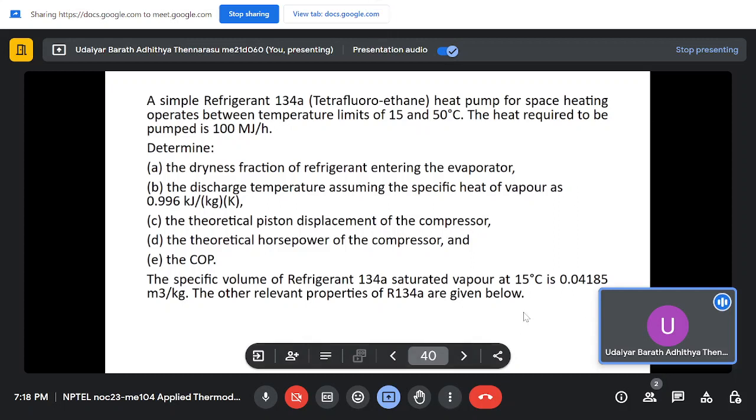Now we need to determine the dryness fraction of refrigerant entering the evaporator, the discharge temperature assuming the specific heat of vapor as 0.996, the theoretical piston displacement of the compressor, the theoretical horsepower of the compressor, and the COP. The specific volume of R134a saturated vapor at 15 degrees Celsius is given, which is 0.04185.